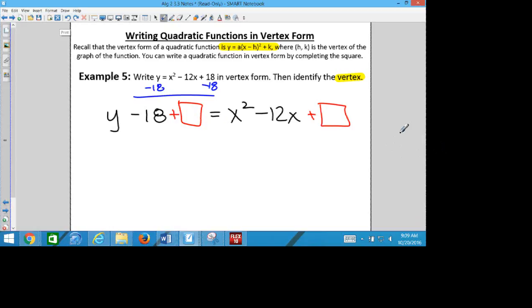It's on the right side instead of the left. It's okay. If you need to switch sides, that's fine. But over here, I'm going to take my b value, negative 12, divide it by 2 and square it. 36, right? So that means over here, what am I putting in there? Do I have to multiply it by anything? Not for this one.